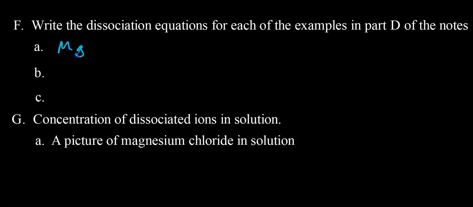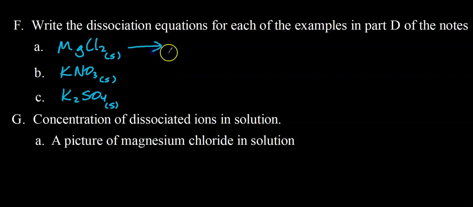So we'll do magnesium chloride, we'll do potassium nitrate, and we'll do potassium sulfate. So recall that when you write a dissociation equation, it's not a chemical reaction that occurs, first of all. Second of all, we don't include the water in the equations. Let me just do the first one for you. You can do the other ones on your own.